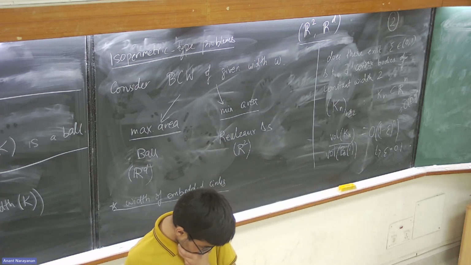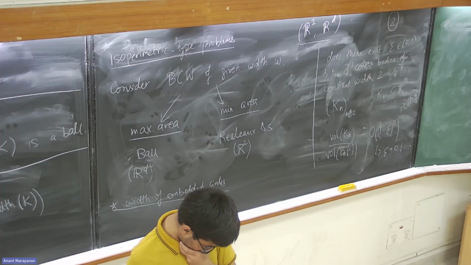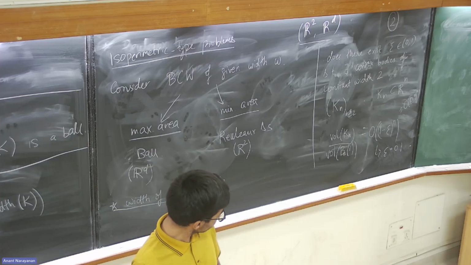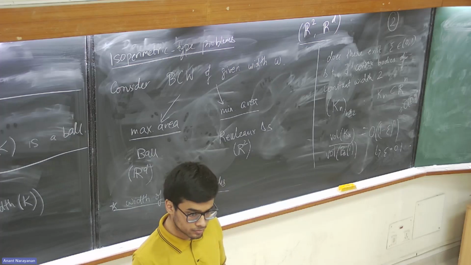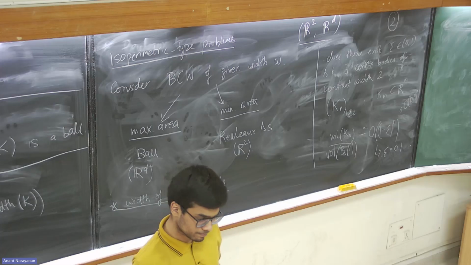There's lots of change happening. I mean there is convergence probably because it's monotone, but it could be converging to something not one. But probably you can calculate the volume. If the volume is going to one, then it's done.